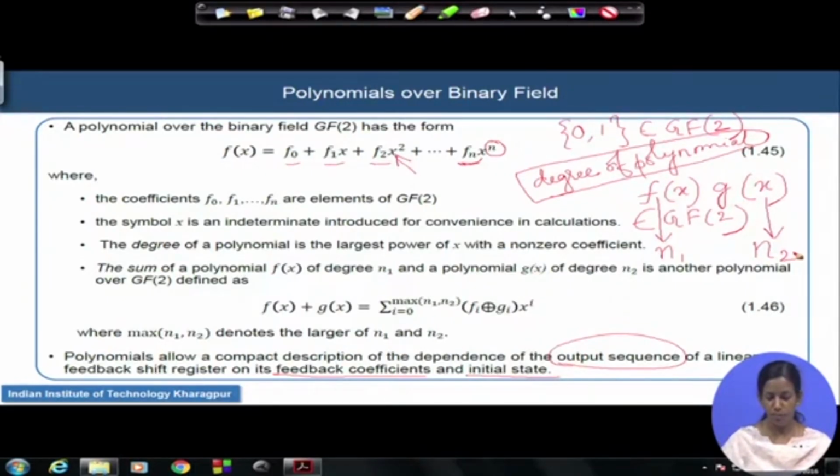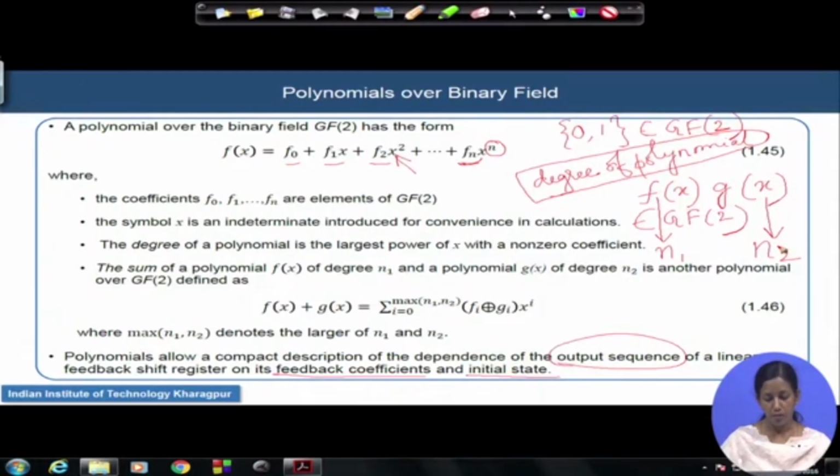For addition, we write that f(x) plus g(x) will be given by the modulo 2 operation going on bit by bit, and the addition will run up to the maximum of n1 comma n2. Max of n1, n2 says up to the larger value, whoever is the larger one, the summation will go up to that. If n1 is larger than n2, the sum will go up to n1, or vice versa.